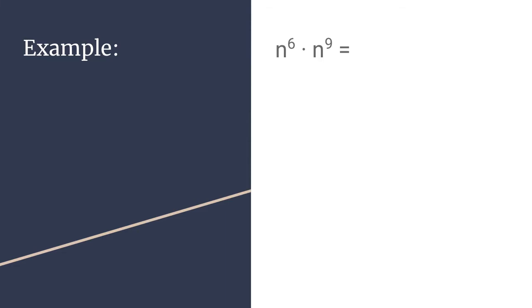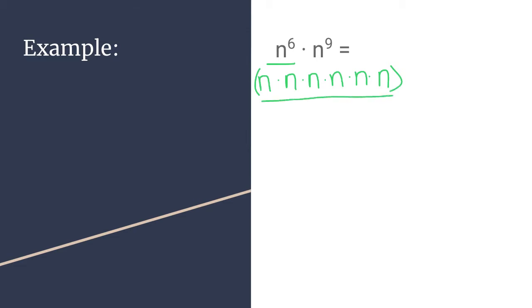We can use the same process even if we happen to have some letters. So if we go back to our basics, n to the 6th means I have a base n and I am multiplying it by itself 6 times. 1, 2, 3, 4, 5, 6.